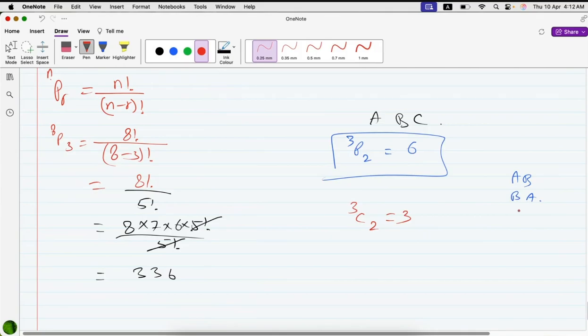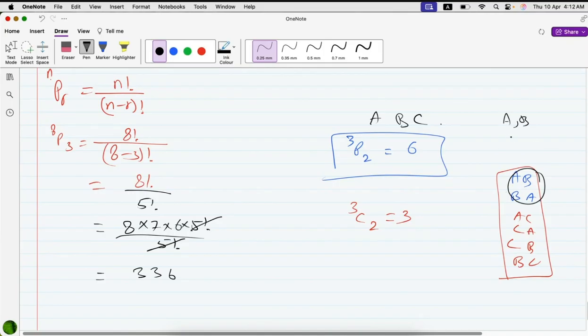AB, BC, or AC. So if left-right does matter, it will be 6 different options. And if left-right will not matter, then AB or BA is one thing. Like Abdullah having a picture with Basit or Basit having a picture with Abdullah is one and the same thing.